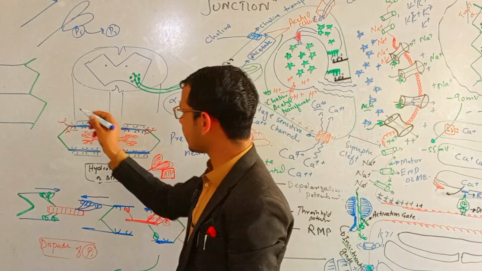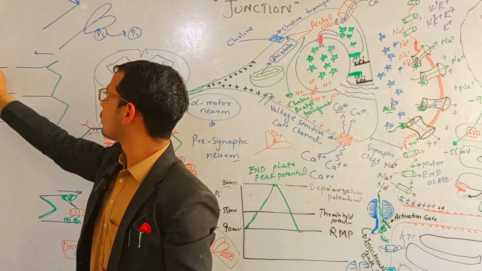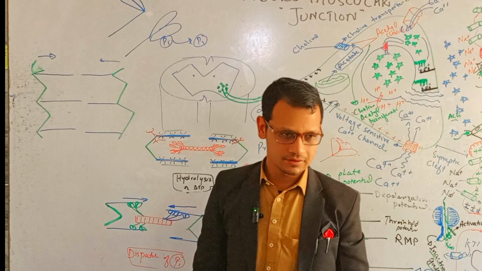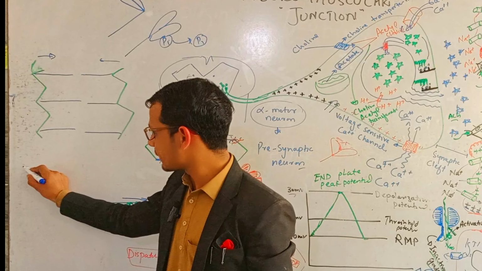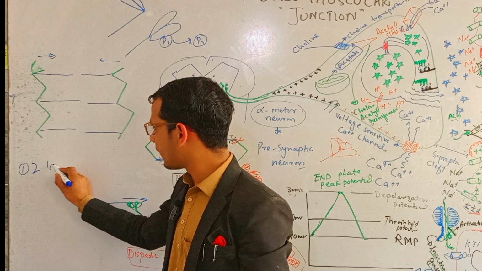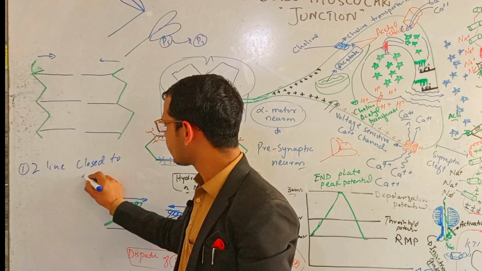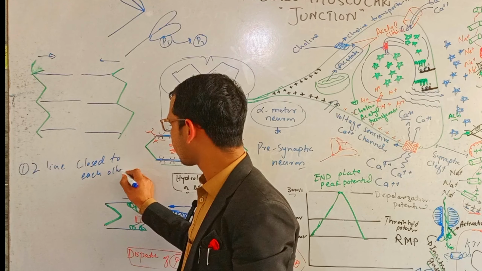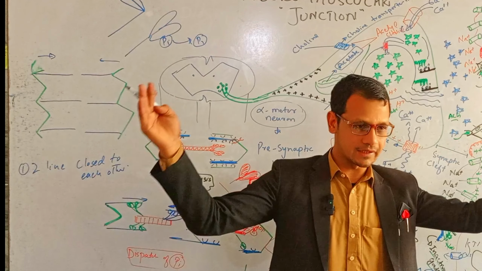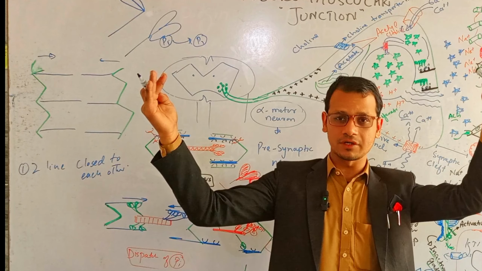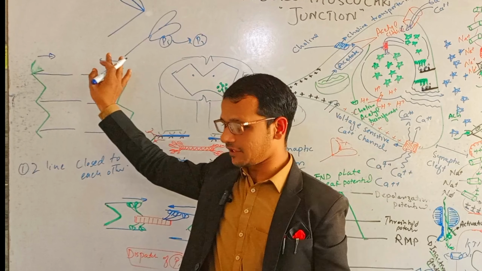So the Z lines will come close to each other. In muscle contraction, the first step is that the Z lines come close to each other.